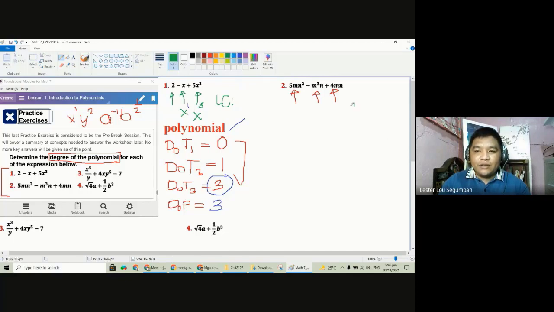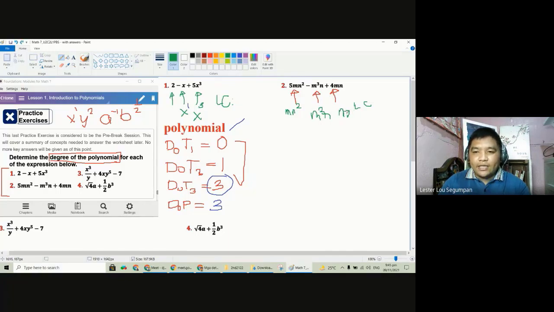The literal coefficients are all the variables, including their exponents. For the first term, you have m, n squared. For the second term, you have m cubed n. And for the third term, you have m and then n.